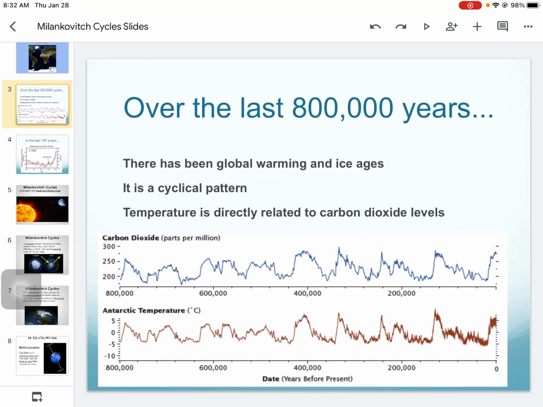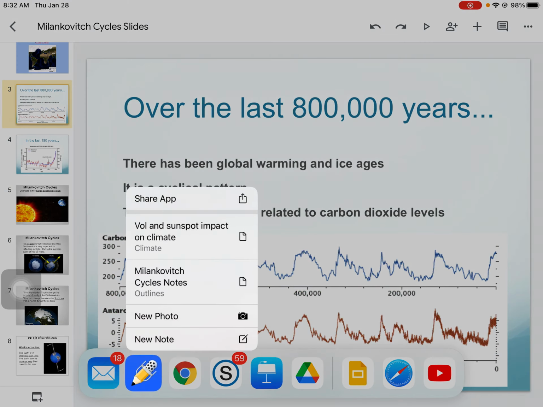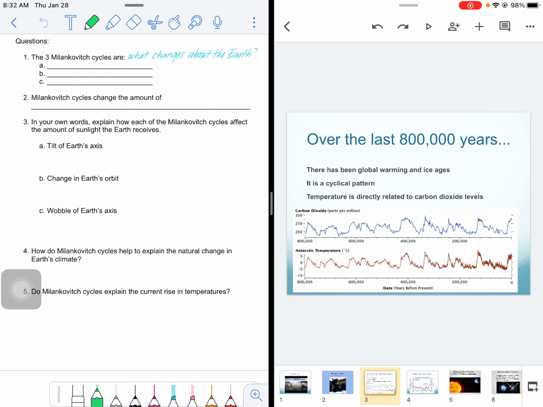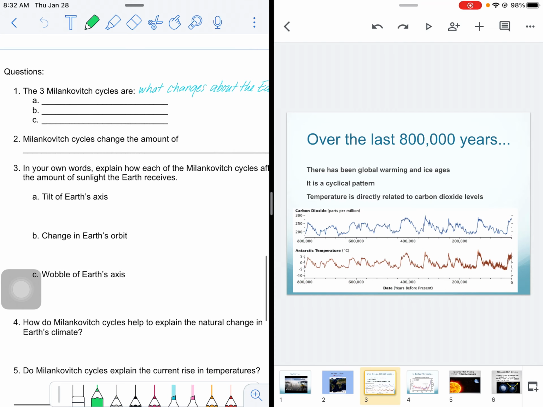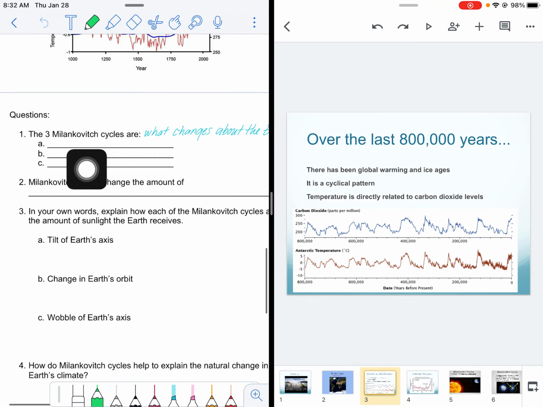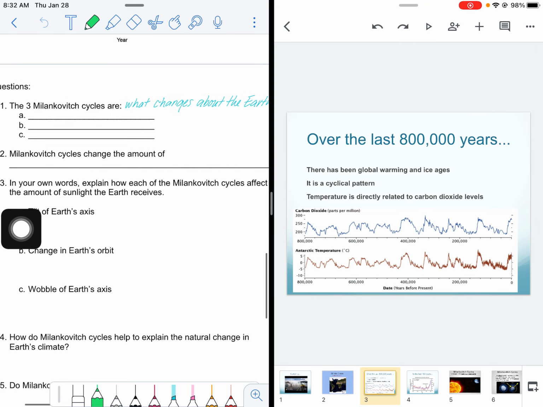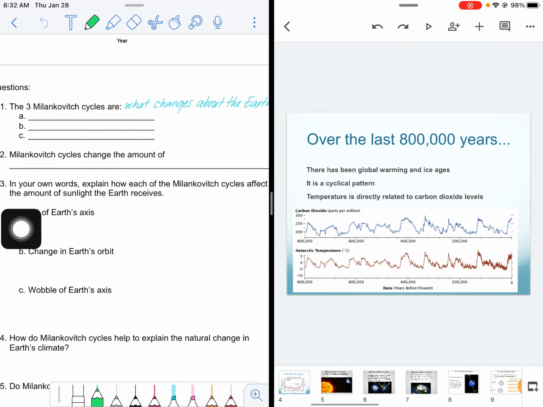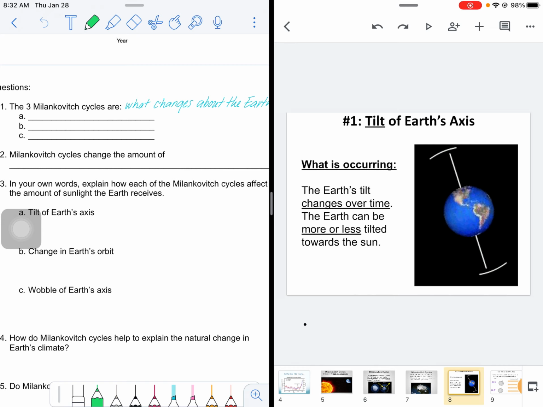So let's look at our summary questions that we want to tackle this morning. The first one here is, what are the three Milankovitch cycles? So what are the three things that change, right? The first one you heard Mr. Graybo talking about was tilt of the Earth.